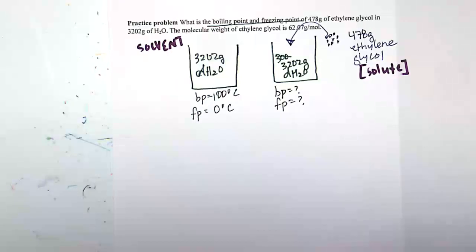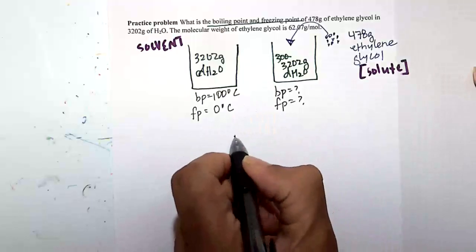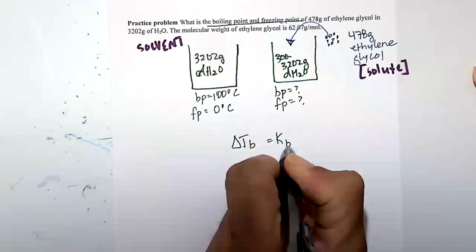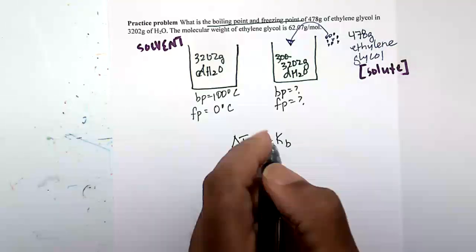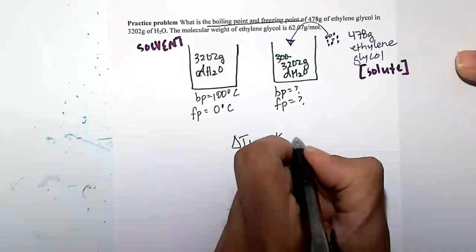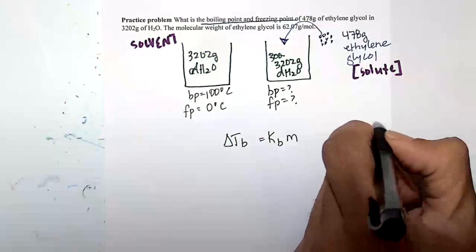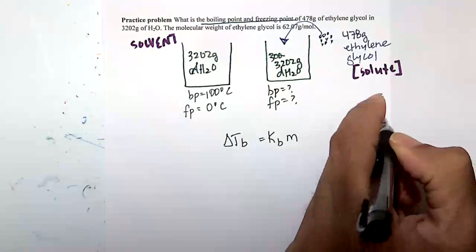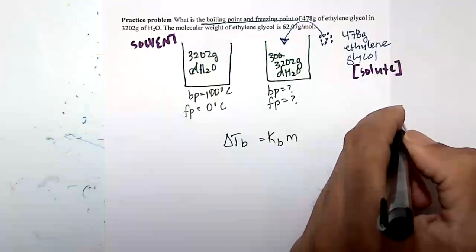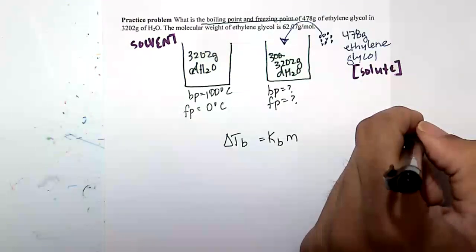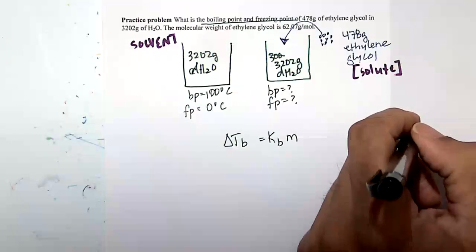All right, so the equation we're going to use is this. The change in boiling point is going to be Kb, a constant, so I'll give you that on the exam, times the molality. So what is molality? It's a type of concentration, but what does it mean? Do you know what molality is?